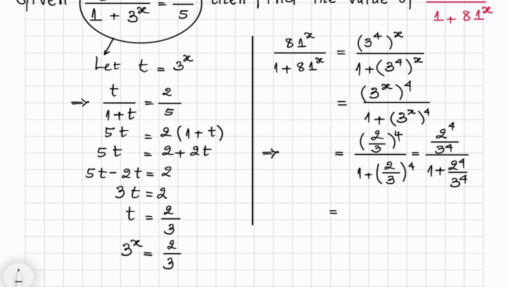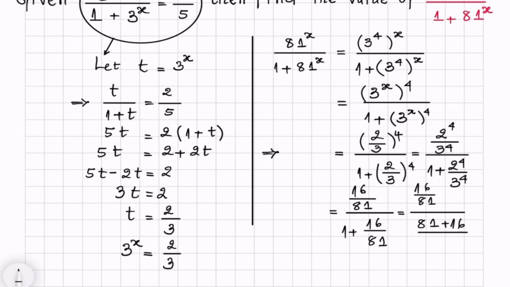And then as we know that 2 to the power 4 is 16, 3 to the power 4 is 81, and then over 1 plus 16 over 81, then equal to 16 over 81. So now we have to find the common denominator at the bottom here. So we will get (81 plus 16) over 81.